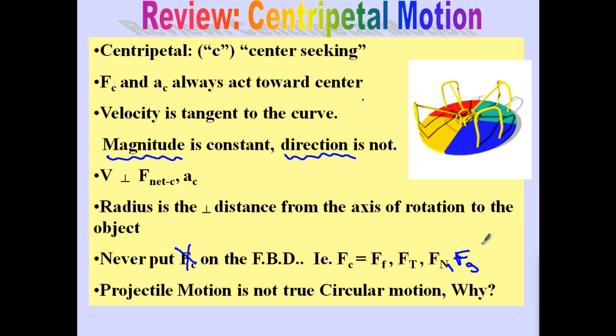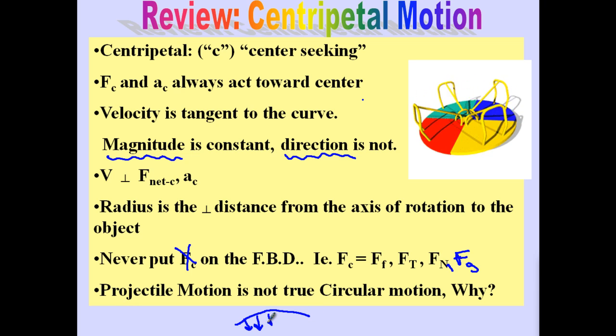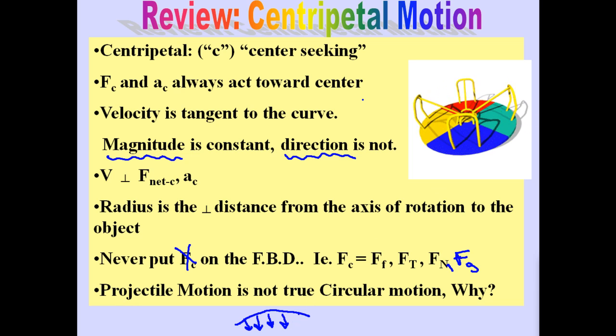Projectile motion is not true circular motion. Why? Because the acceleration in a projectile is always downwards, because it's gravity. If it was true circular motion, then our acceleration would always point towards the center of this curve. So it's not true circular motion.